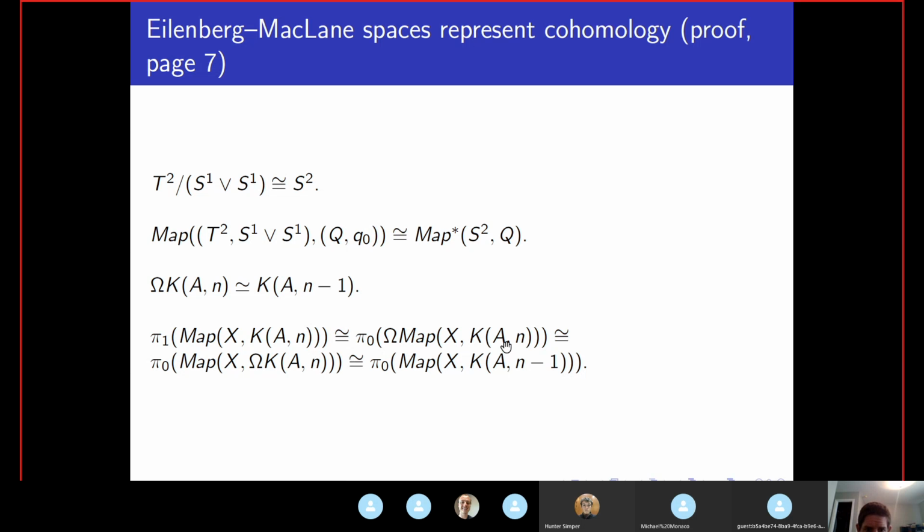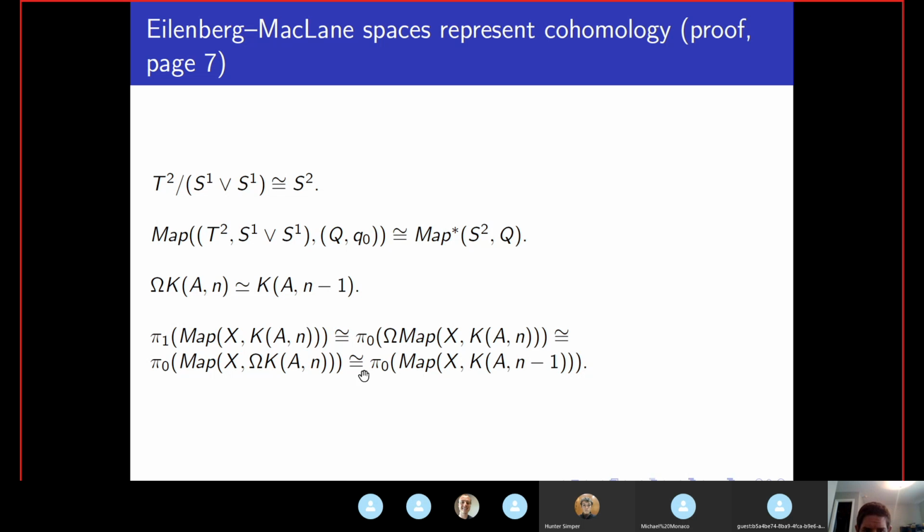And then loops commutes with mapping spaces. So loops of maps from X into something is the same thing as maps from X into loops of something. Oh, here everything is based maps. Sorry, I should have written based everywhere down here. This equality is just some usual adjointness property.